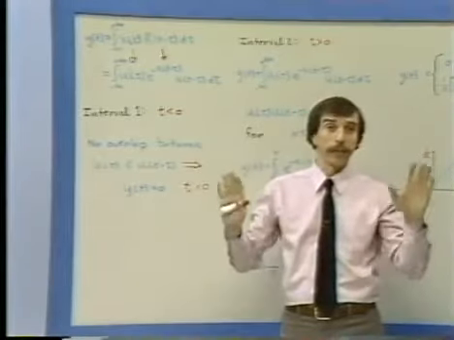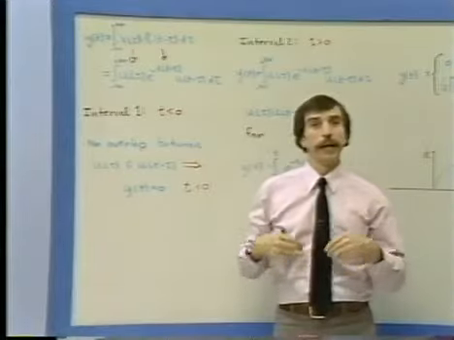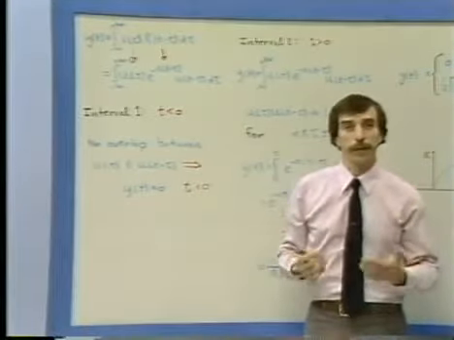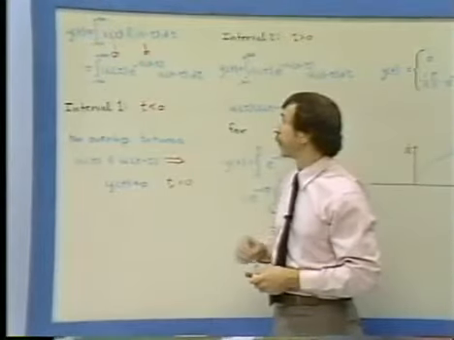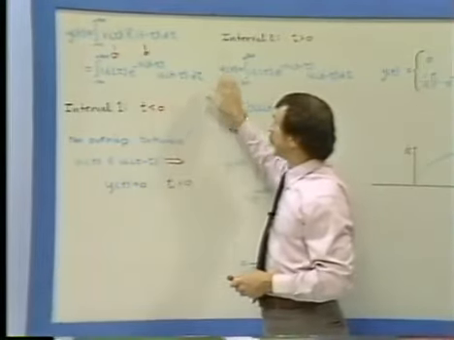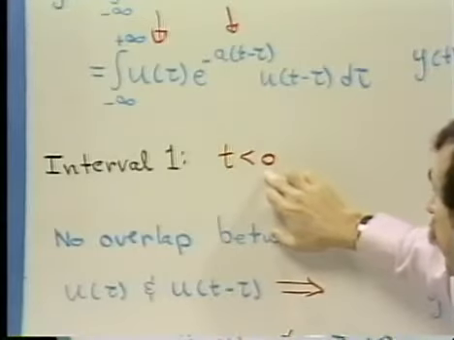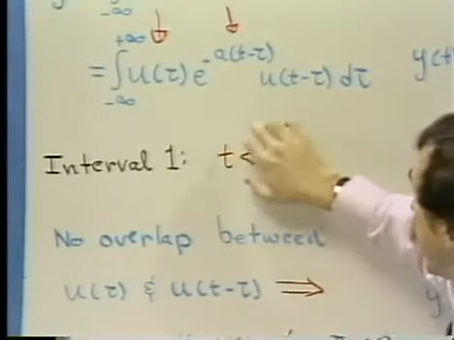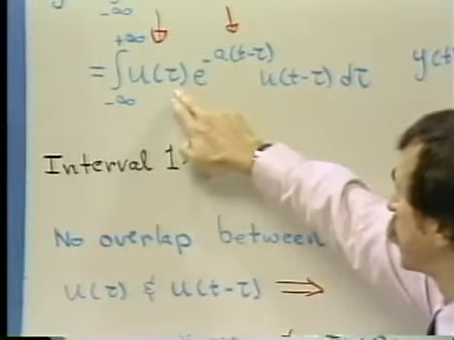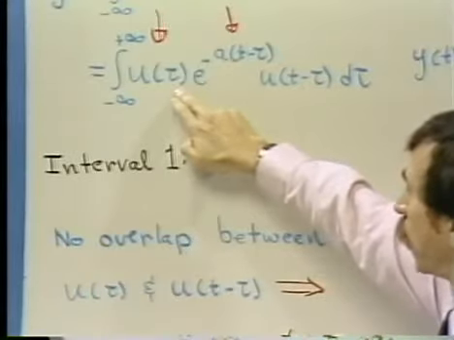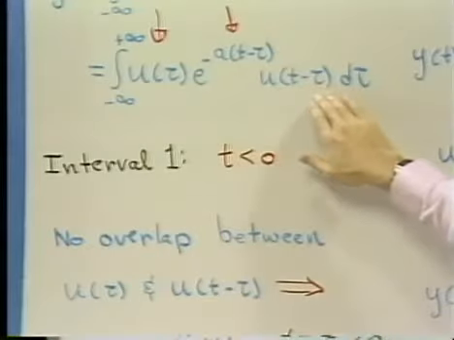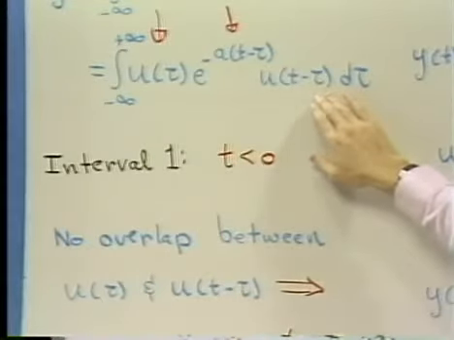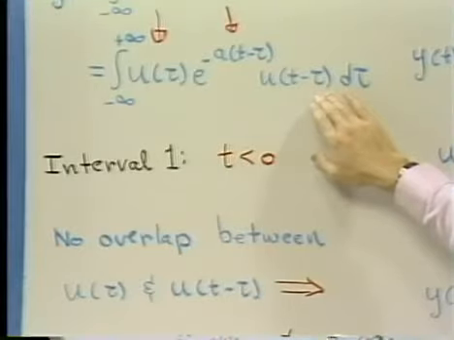When they don't overlap, the product, of course, is 0, and there's no point in doing any integration because the integrand is 0. So if we track it through, we have, again, interval 1, which is t less than 0. For t less than 0, this unit step only begins at tau equals 0, and this unit step is 0 by the time tau gets up to t and beyond.